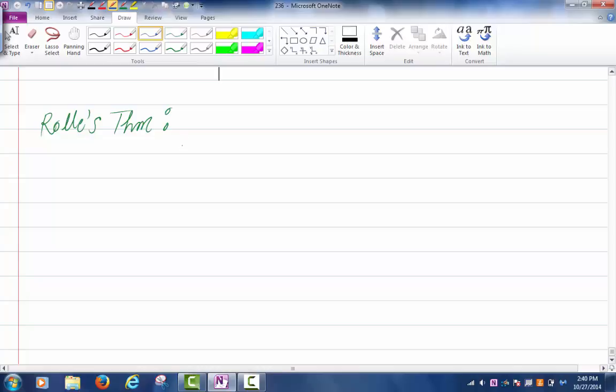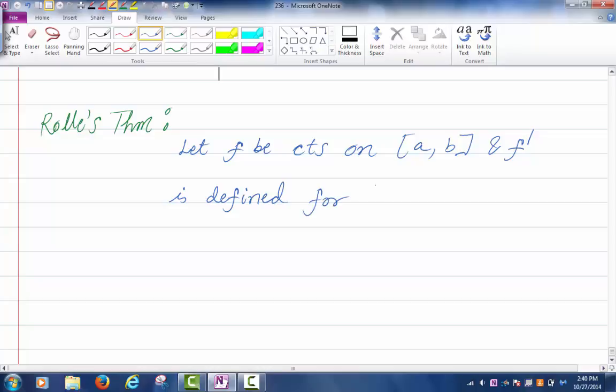Let f be continuous on the interval from a to b, and f prime is defined for all x inside of the interval from a to b.